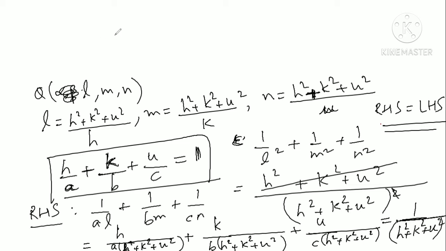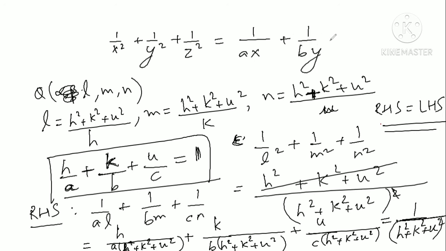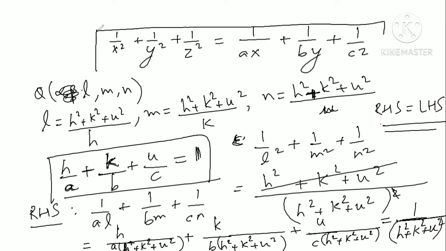Now instead of L we can put x, instead of M we can put y, and instead of N, z. So 1 by x square plus 1 by y square plus 1 by z square equals 1 upon Ax plus 1 upon By plus 1 upon Cz. So this is what we wanted to prove as the locus of point Q, and this is what we have finally got. I hope you have understood this problem also.